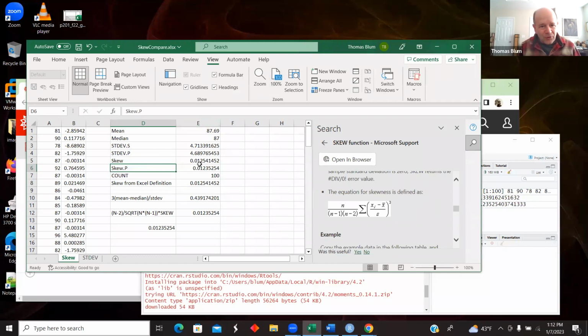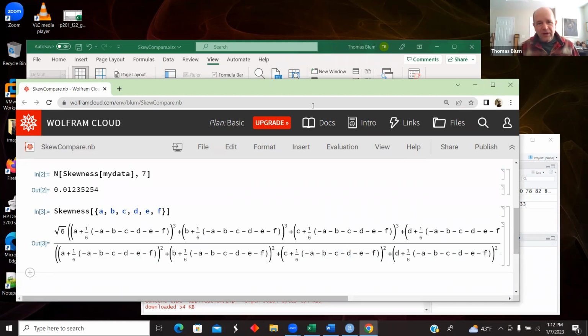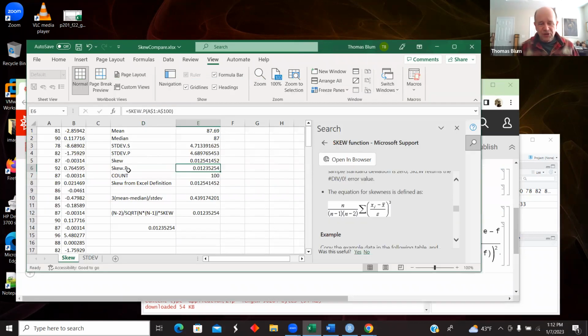And so 0.235 agrees with Skew.P and with Mathematica. So the definition that comes in with this library in R and Mathematica agree with what Excel calls Skew.P.